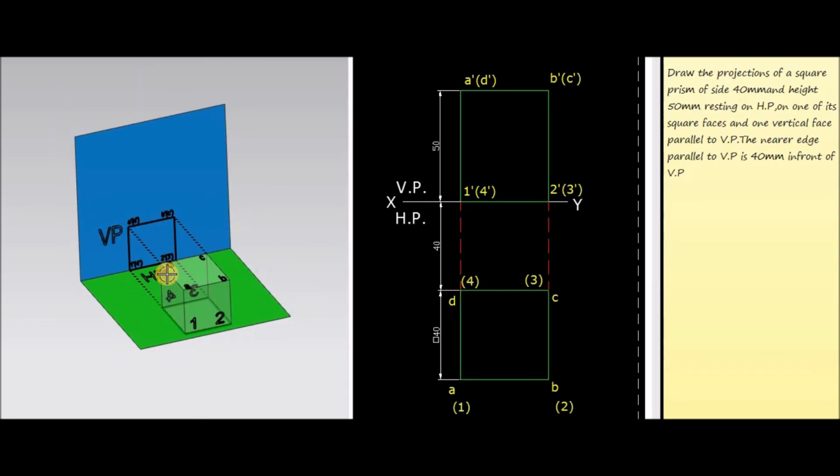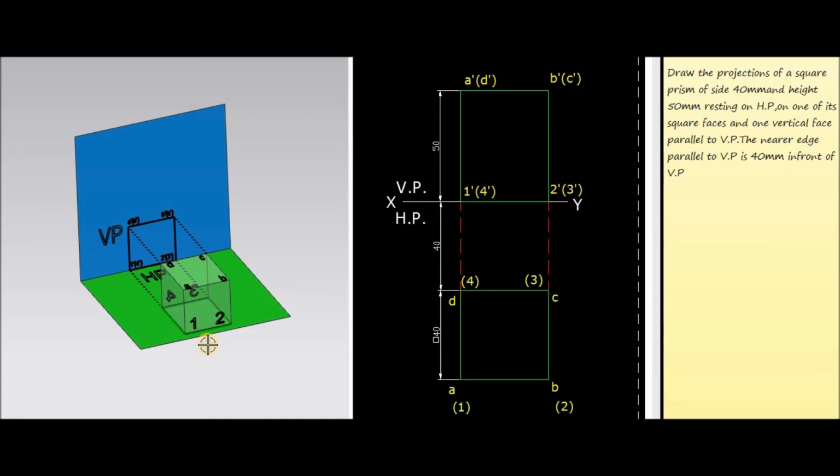Now we have to represent this three-dimensional geometry in the 2D plane, and for that we consider the intersection of the vertical plane and horizontal plane. It is represented by a straight line xy here, and the area above the xy line will be represented by the vertical plane, and the area below the xy line is represented by the horizontal plane.